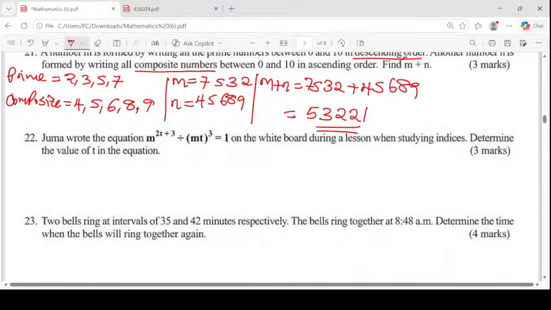Back to this question that Juma wrote this. M power 2t plus 3 divided by mt cubed is equal to 1 on the whiteboard during a lesson when studying indices.